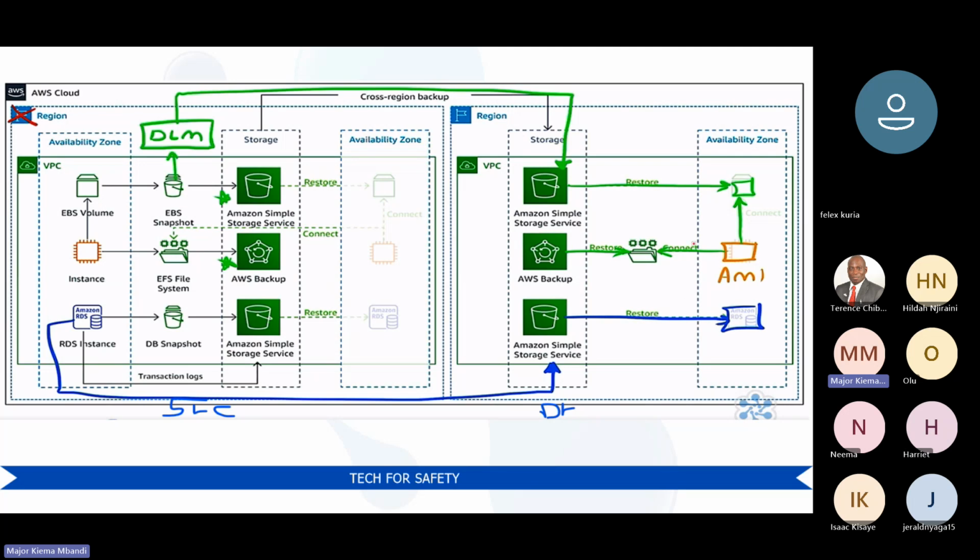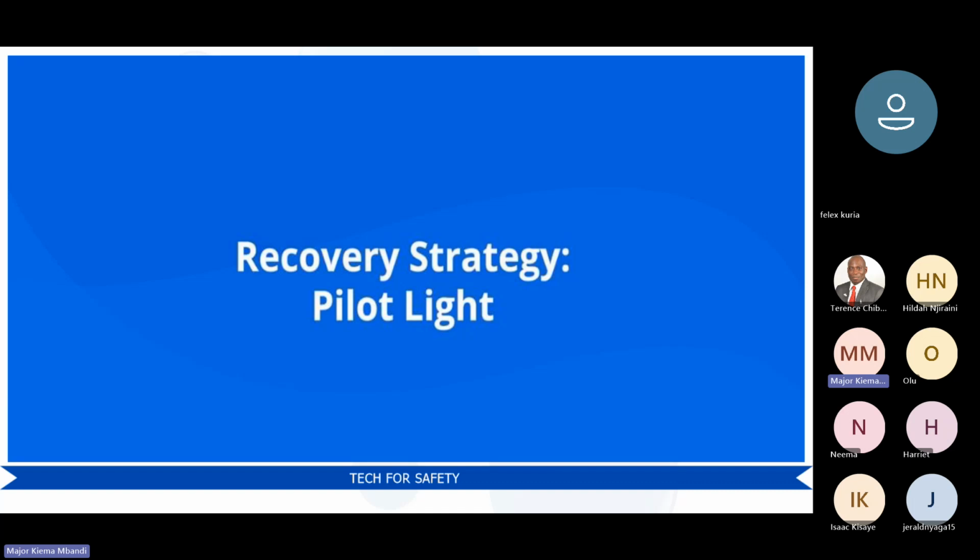So you need to restore both the web-facing, internet-facing tier using the AMI, and also your internal-facing database using the RDS DB snapshot. So I think for now I'm done with the first one, which is backup and restore. You can see how it's being done, and the reason why it has the longest RPO and RTO.